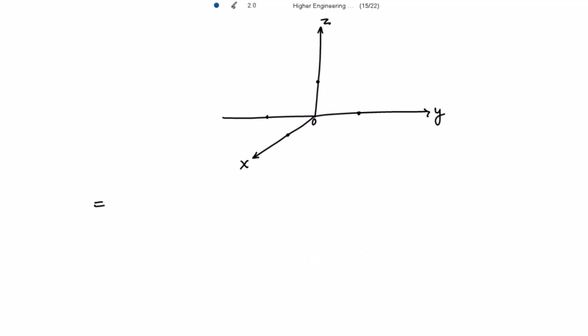First of all, let's understand the plane given to us, that is x plus y plus z equal to a. Suppose this is the distance a on the x-axis, similarly this is also the distance a on the y-axis, and this is distance a on the z-axis from the origin. This is your plane. And then the cylinder is also given to us having the radius a.